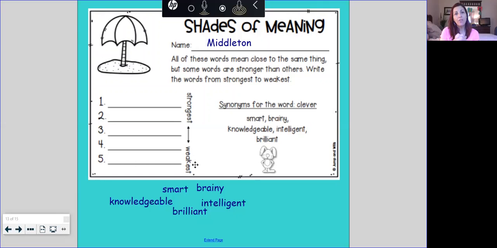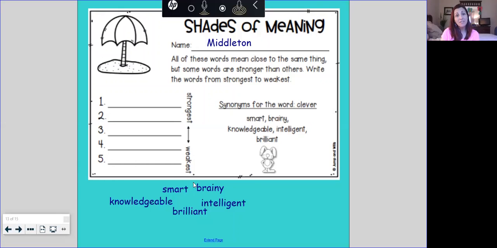So I want you to think which one of these words is maybe not as strong, okay? It just doesn't mean as clever, all right? Might be a word that we hear a lot and the meaning doesn't have the strength to it because we use it a lot or we see it a lot.